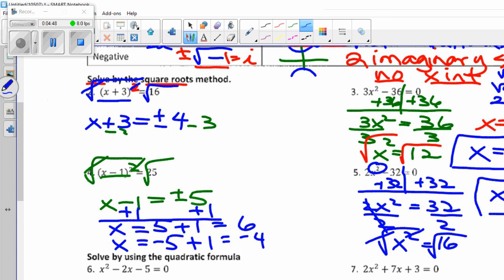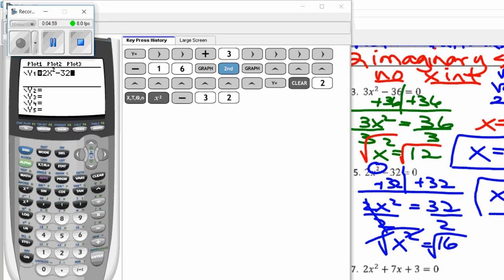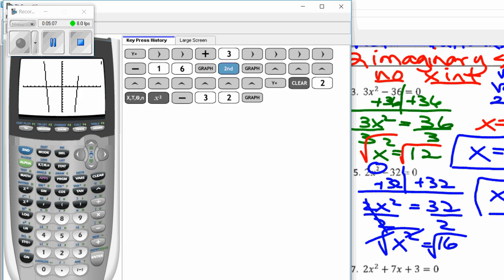Okay, and if I wanted to check on my calculator, I could just type in that function and see what the zeros are. So I'll go ahead and do that real quick. Okay, so there's my equation, 2x squared minus 32 equals 0. So I'm looking for the zeros, which are the x-intercepts.